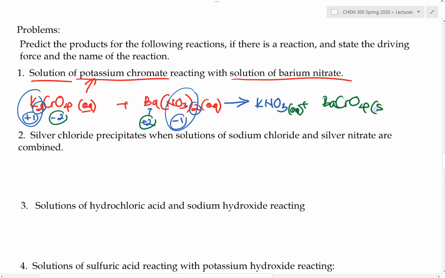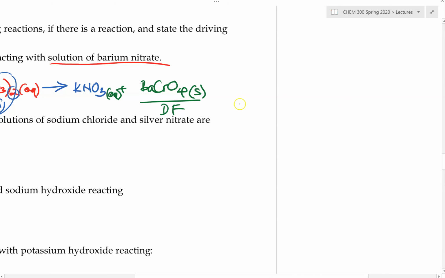So this is insoluble in water and it is a solid. What happened in this reaction is that we are seeing the formation of a solid, a precipitate, and that would be the driving force of this reaction. So this reaction meets the precipitate driving force, so therefore, it will happen. And this reaction would be referred to as a precipitation reaction.